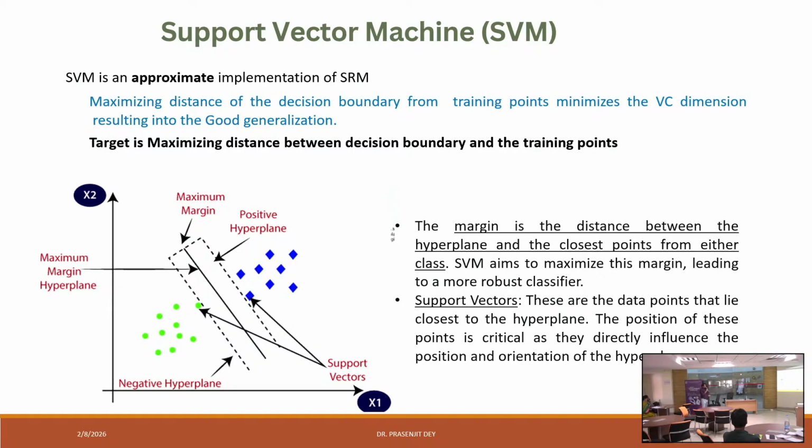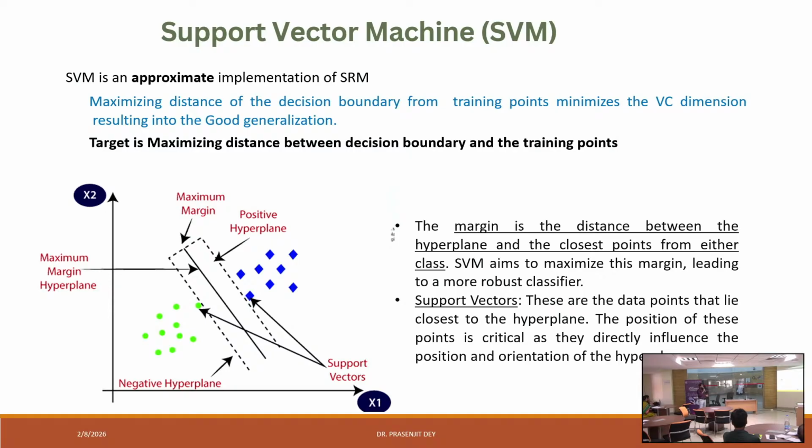Only those points which are closest to the decision boundary participate in designing the orientation of the decision boundary, and they are supporting the formation of the decision boundary, and for those reasons those data points are called supporting vectors, or to be more precise, support vectors.